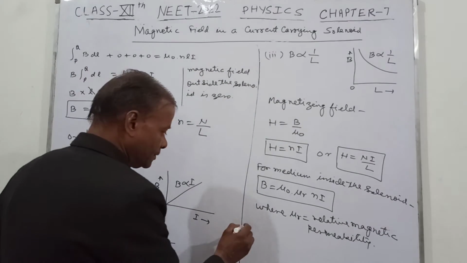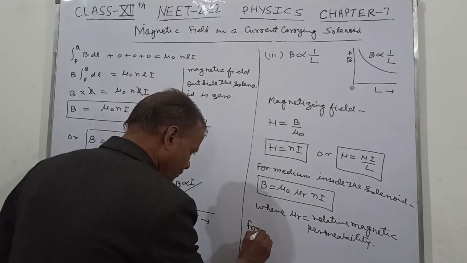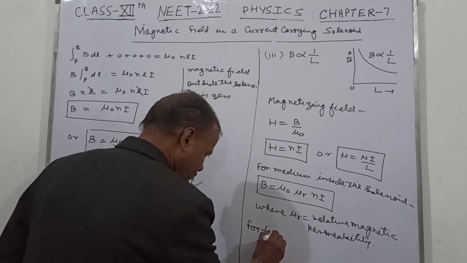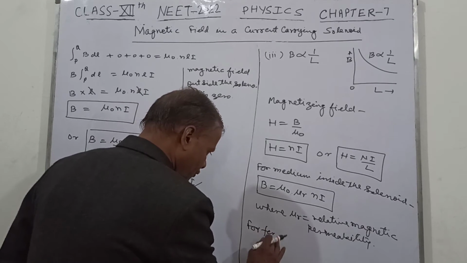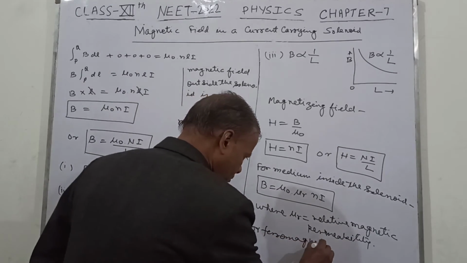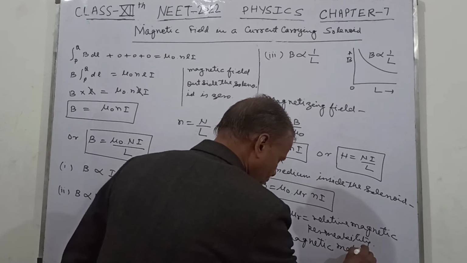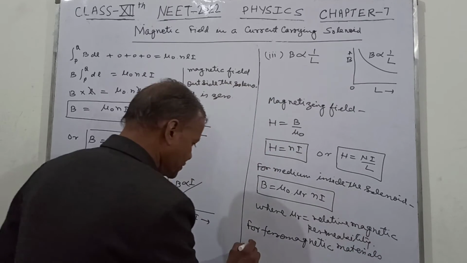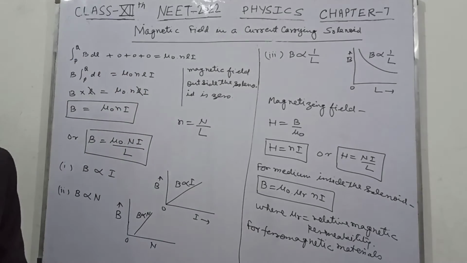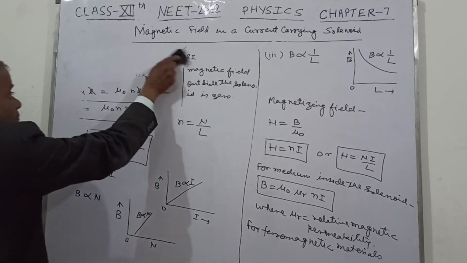So what we see is that for iron, for ferromagnetic materials, now this mu r is very much greater than 1.